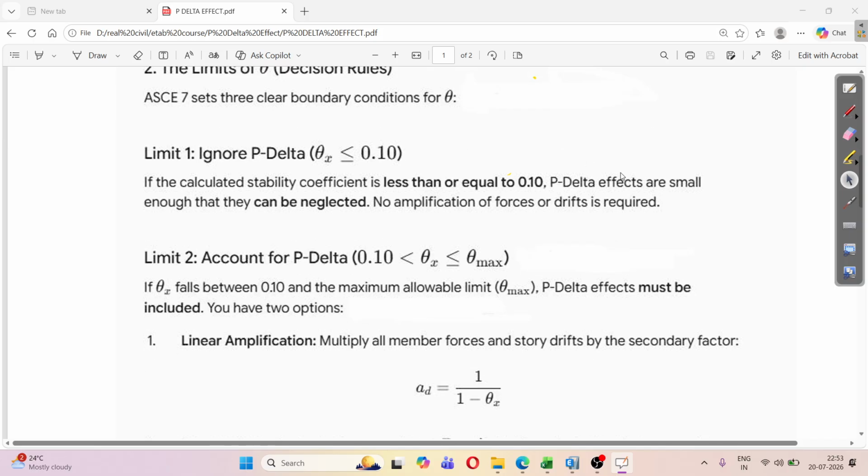The second case is that your theta, which you have calculated, is in between 0.1 and theta max. If it falls between 0.1 and the maximum allowable limit, then you must include the P delta effect.